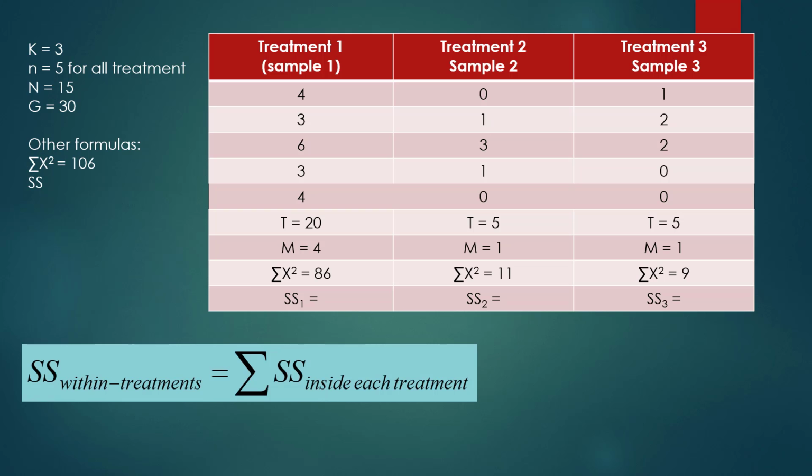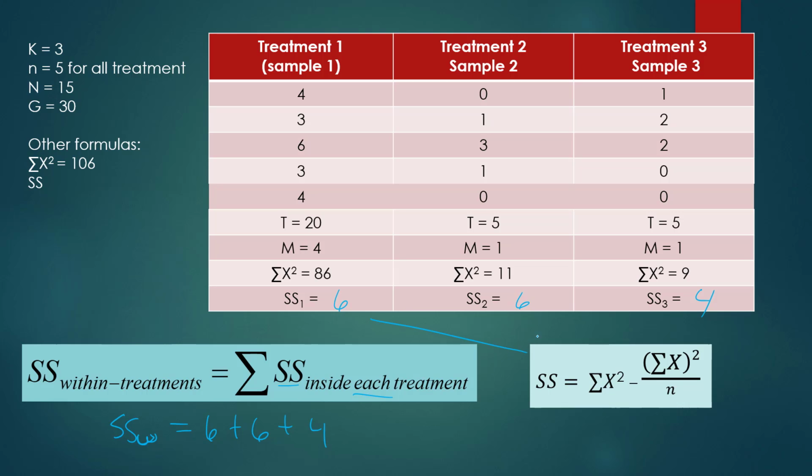To calculate our sum of squared deviations within the treatment, we need to add up the sum of squares inside each. And we said that these were 6, 6, and 4. We had previously calculated those just a little bit ago. So to get our sum of squares within, we're going to add up 6 plus 6 plus 4. And remember, we got these numbers just a few minutes ago by using this formula.